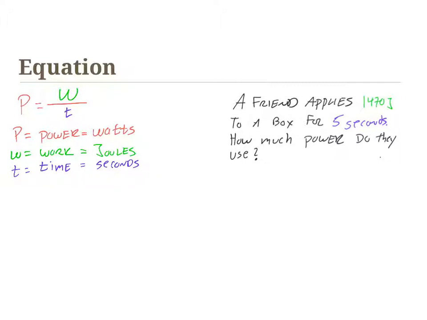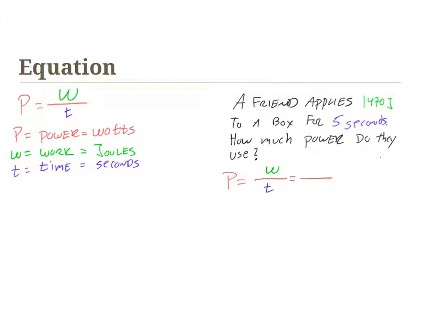Okay. So if we were to apply that to an example problem, over here I say that a friend of yours applies 1,470 joules to a box for 5 seconds. How much power did they use? Well, in this case, the formula would be power is equal to work over time.